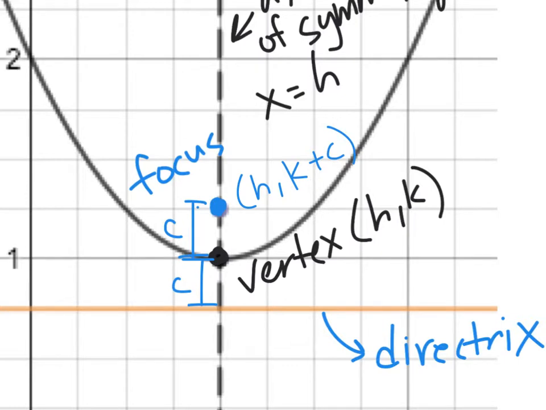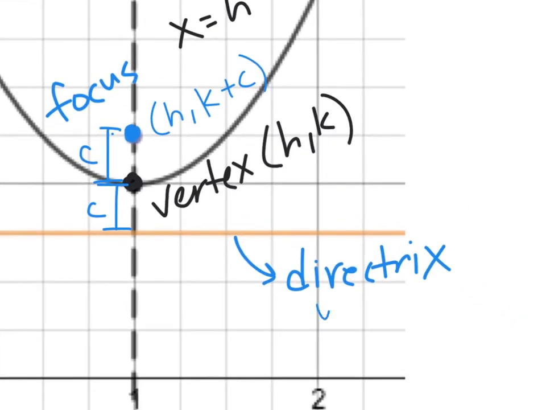Because it's Y, right? Okay, now if you look at the directrix, is it a vertical line or a horizontal line? Horizontal line. So horizontal lines always start with equation of Y equals. So what do you think is the equation of the directrix? Not H, K, because we're moving in the y direction, K minus C.